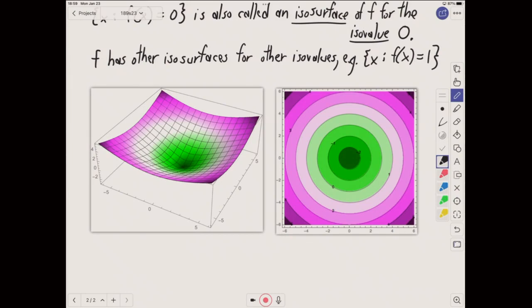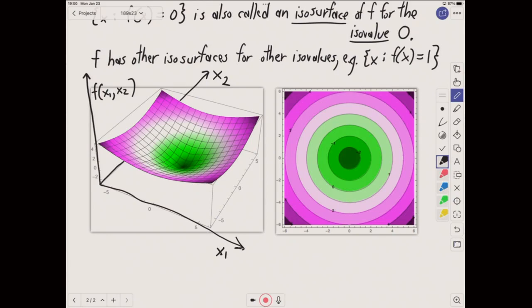Your feature space has two entries: x1 is this axis, and x2 is that axis on the left. This is a 3D plot, obviously. The vertical direction is f of the vector x. So that's a 3D plot of that function, which kind of looks like a cone.